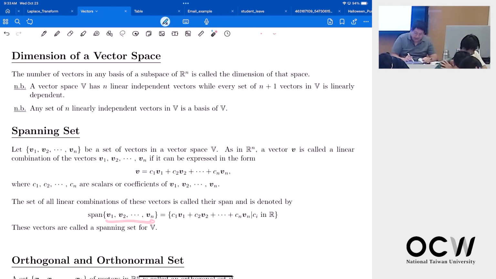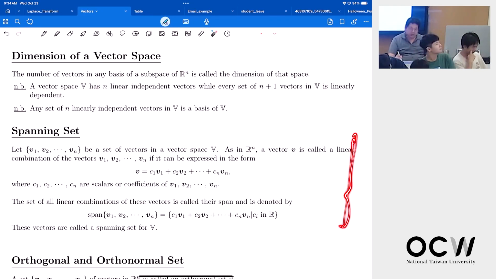Once I have V1 to Vn, n linearly independent vectors, then any linear combination will be in the span of this set. Okay, we will see some examples later or next Monday for this.